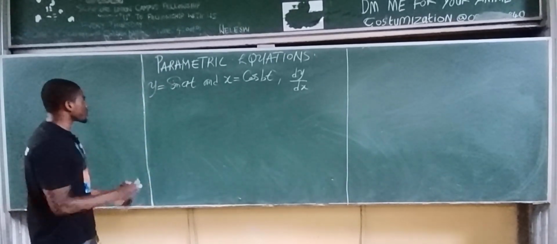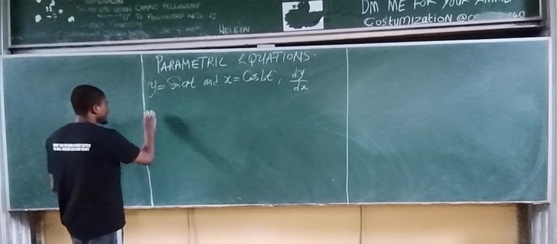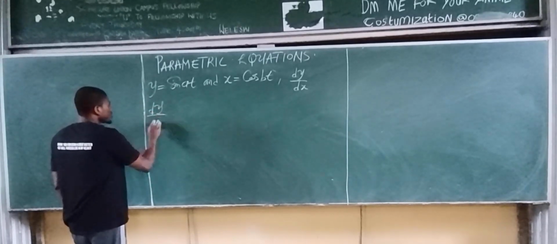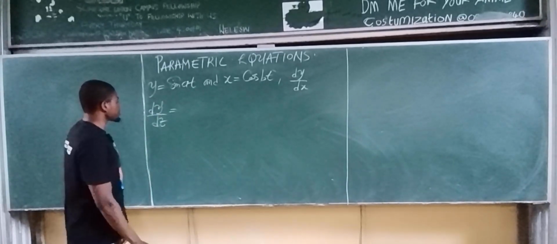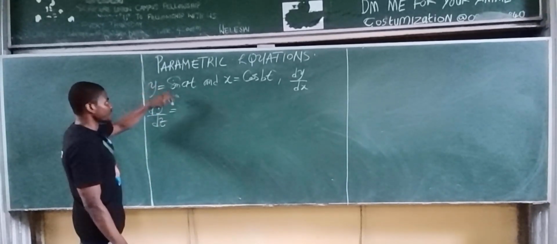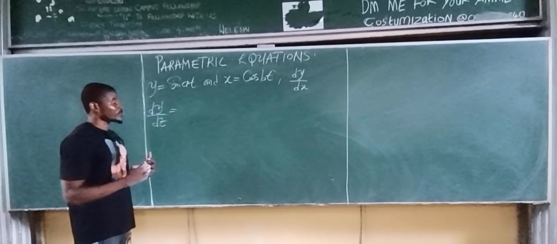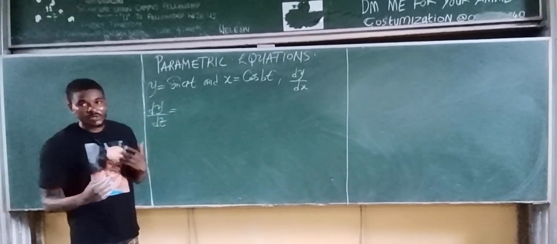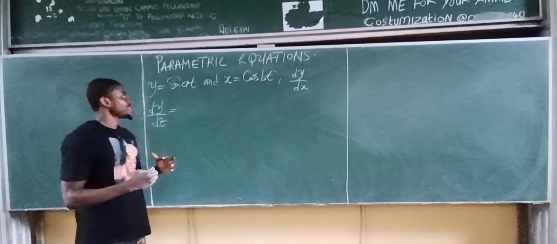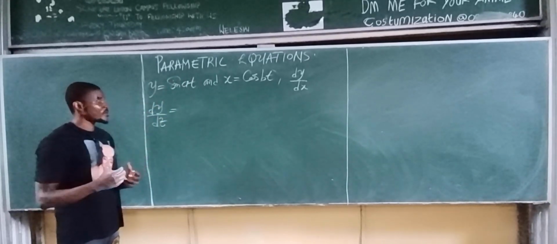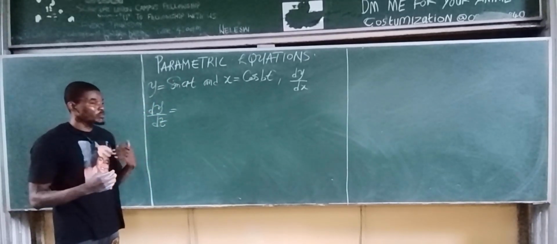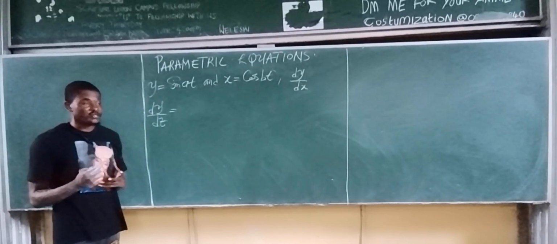Since y is a function of t here, it means I can differentiate y with respect to t. And if I differentiate sine, from the shortcut approach to differentiate a trigonometric function, I always say differentiate the angle in front of the trig function, and use the value of that derivative to multiply by the derivative of the trig function itself.